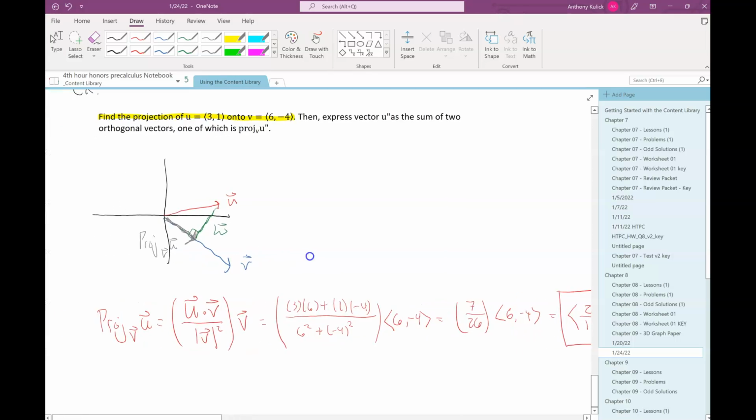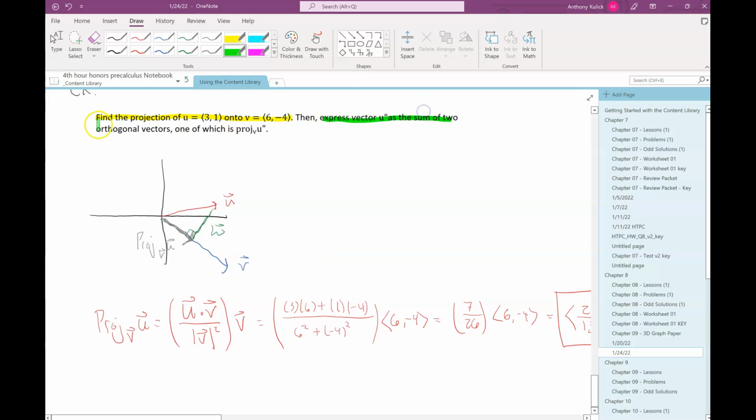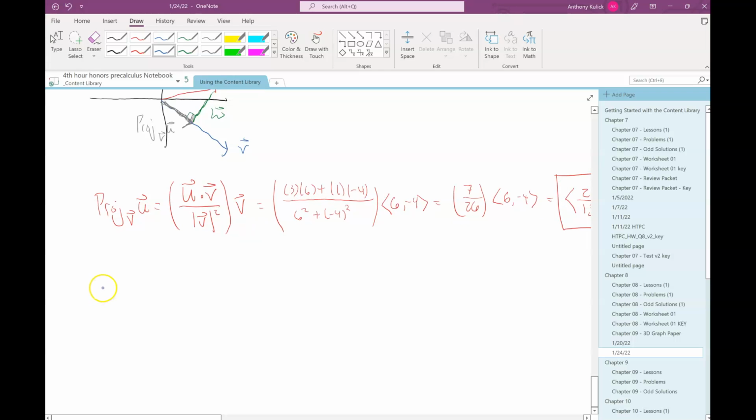Then the question asks to express vector u as the sum of two orthogonal vectors, one of which is the projection. So we remember that the projection of u onto v plus that vector w should give us vector u. So I know immediately that w should be the vector u minus the projection of u onto v.